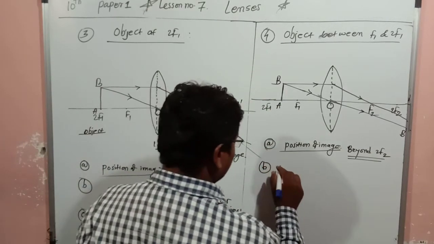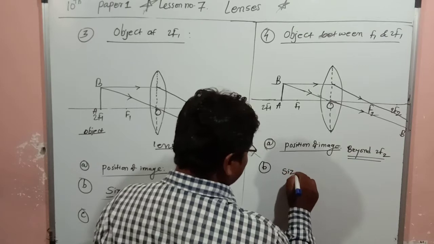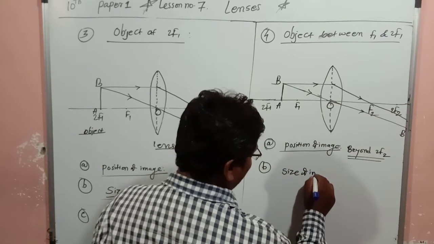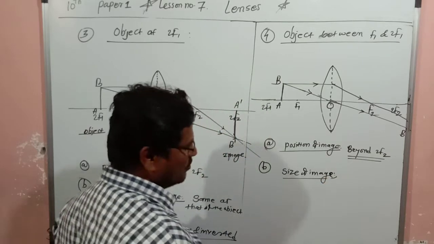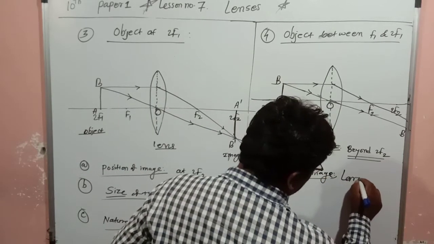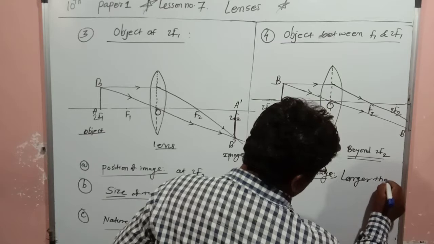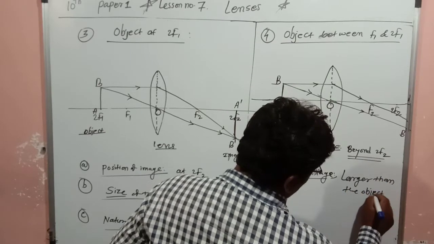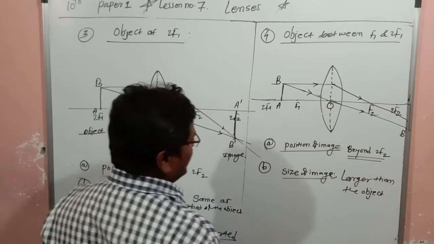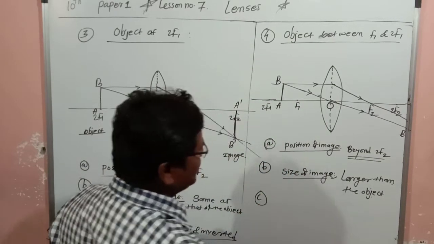Second one is size of image. What will be the size? It is larger than the object. Then our next one is the nature of image.